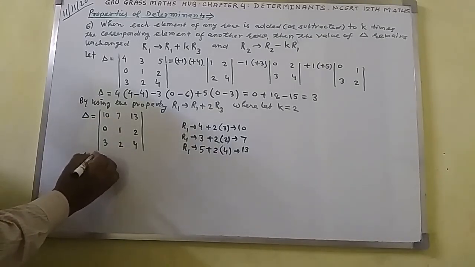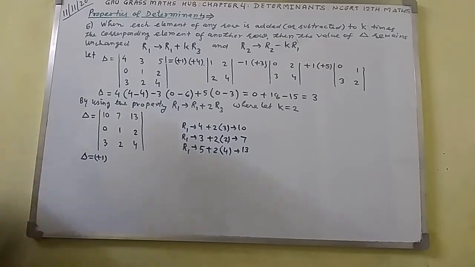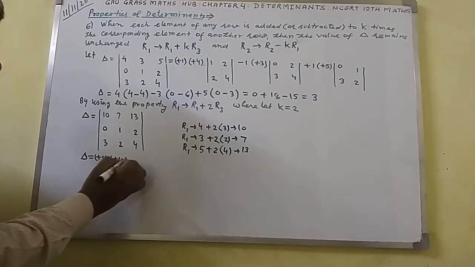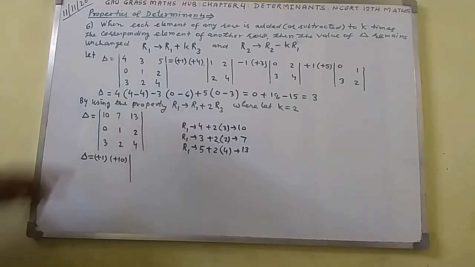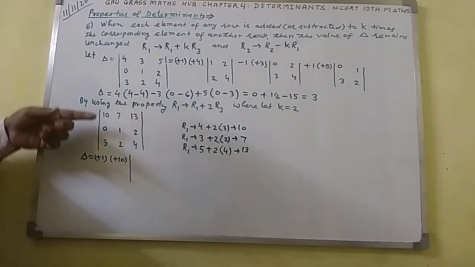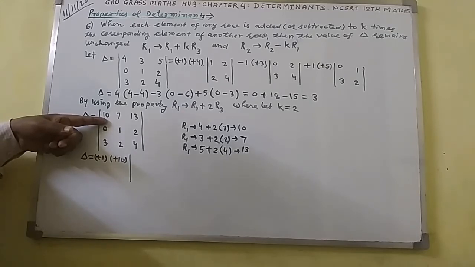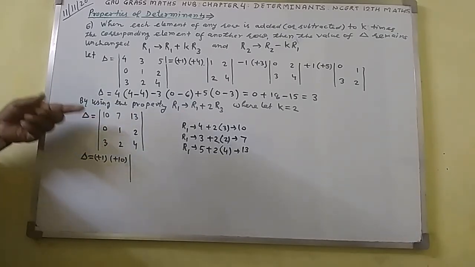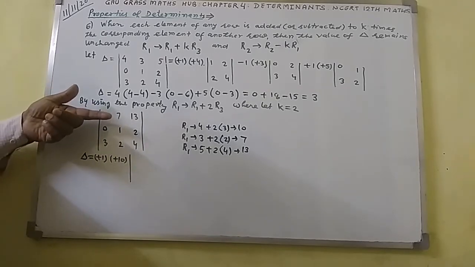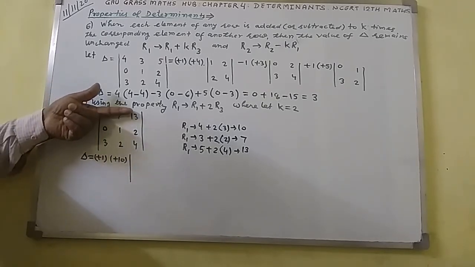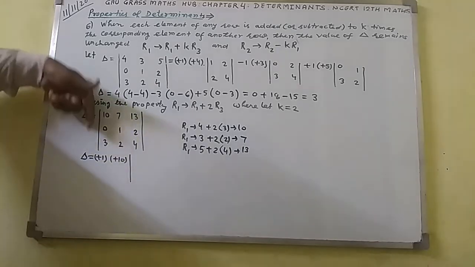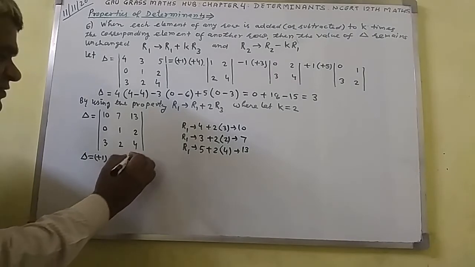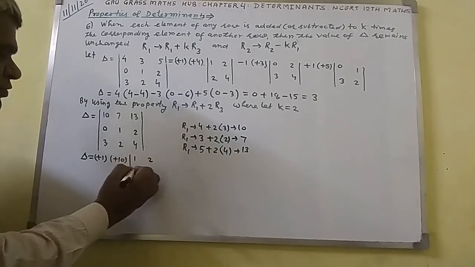Plus 1 is fixed here. After that write here plus 10. The minor of 10 is there in first row and first column. The minor of 10 will be, just hide the first row here and also hide the first column here. You will get the minor of 10 as 1, 2, 2, 4.